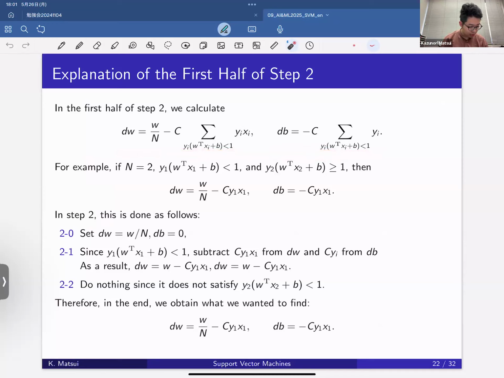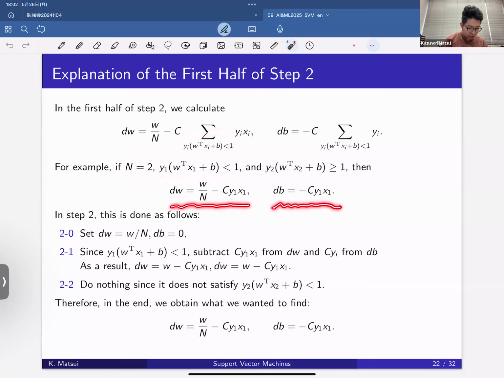For example, if there are only two data points, and y1 times (w x1 plus b) is less than 1, and y2 times (w x2 plus b) is greater than or equal to 1, then this condition is satisfied only when i is 1. So dw of w becomes like this. For b, it becomes like this.